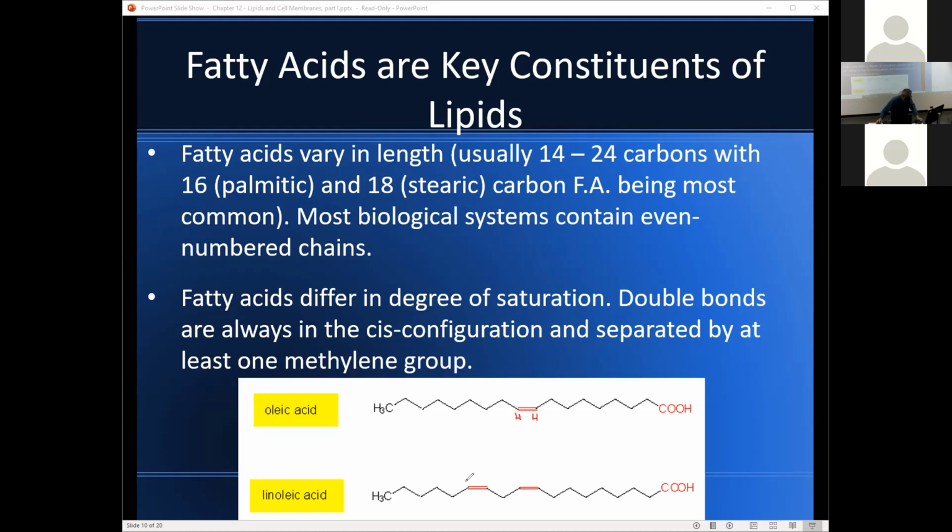The other way is called the trans configuration. So if across a double bond we have one hydrogen here and one hydrogen here, that's what's called the trans configuration. The trans configuration doesn't occur in nature.